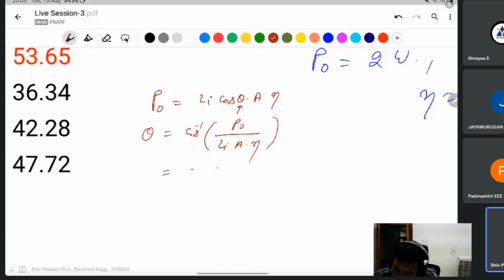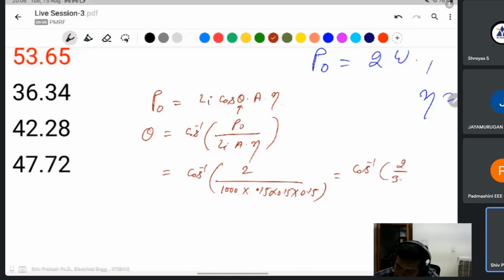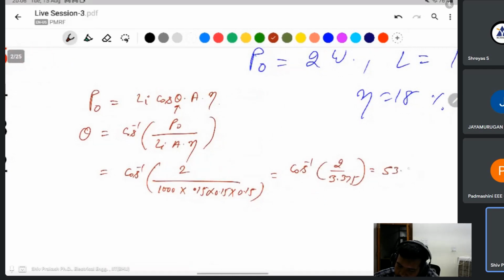Output power is 2 watt, L is 1000 watt per meter square, area is 0.15 into 0.15, and efficiency is 50%, meaning 0.5. If you calculate this, you find cos inverse of 2 by 3.375, which will be 53.65 degrees. Sorry, degree.